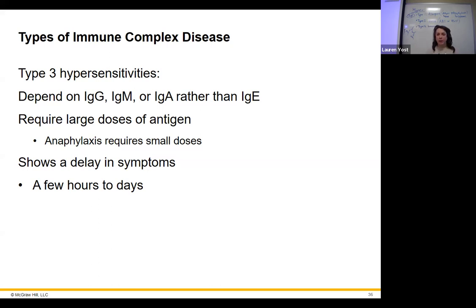So oftentimes basement membranes, so the very bottom underneath your endothelium. Inside your blood vessels, they can stick on the inside of those vessels and get stuck there, especially in capillaries and joints and other tight places of the body like that.